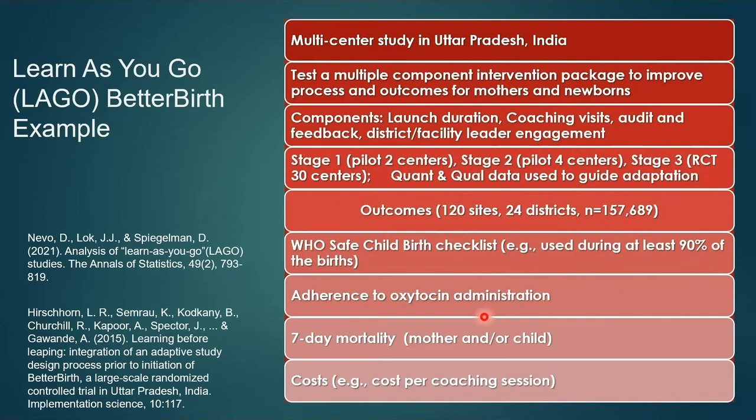We also looked at some other outcomes: adherence to oxytocin administration, 7-day mortality, mother and child, and the costs, for example, the cost for coaching session, and so forth. And so in our paper, we show what the outcomes would be if LAGO had been used, and what the optimal intervention would be using the LAGO approach at the end of the study.